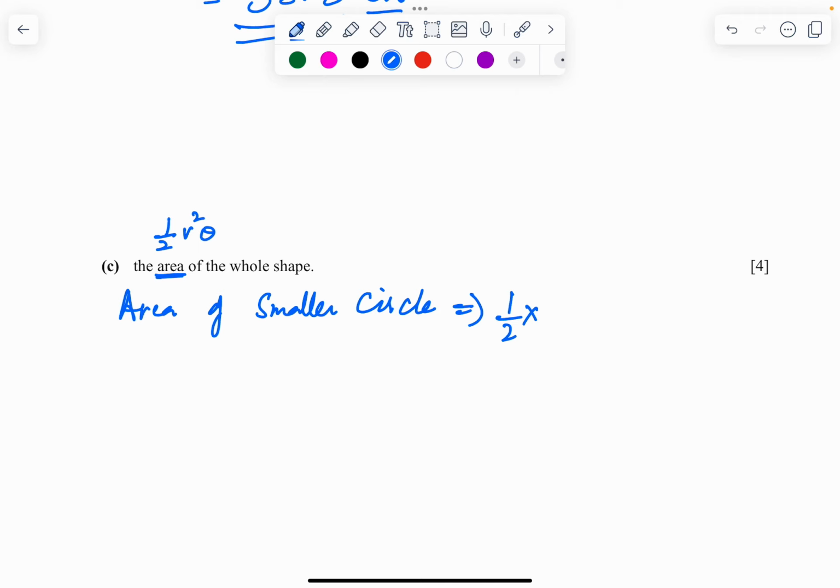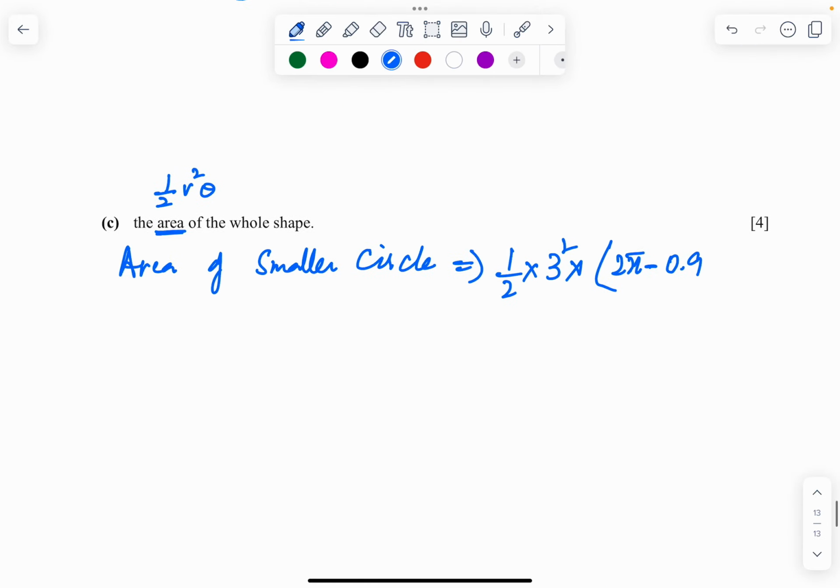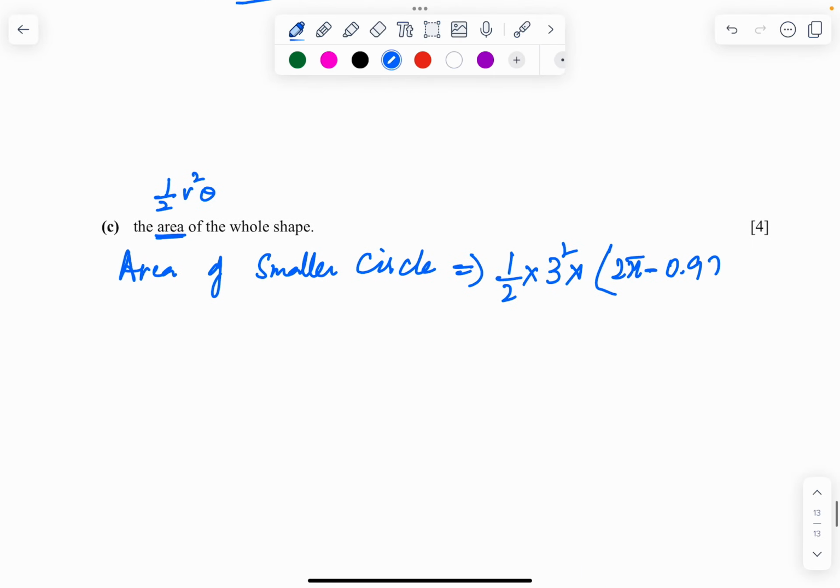The smaller circle radius was 3, and theta is the same as in our perimeter, 2 pi minus 0.92729. Okay, so this gives me 19.93.